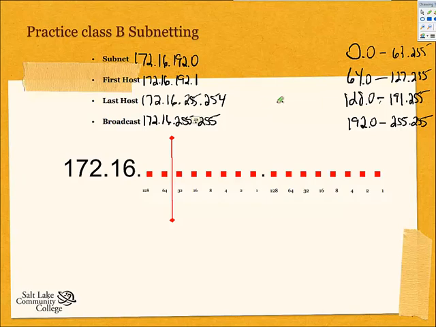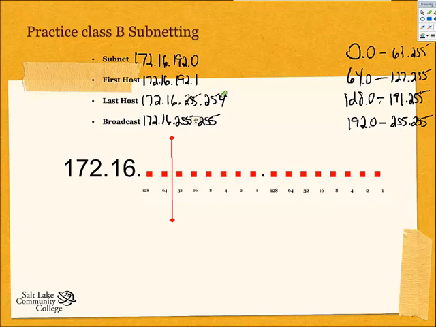When dealing with Class Bs or Class As and you're subnetting them, realizing that you could end up with a 255 and not actually that be wrong is a little peculiar at first.